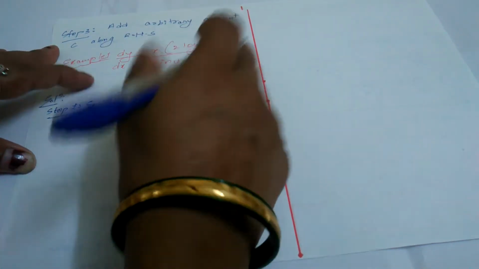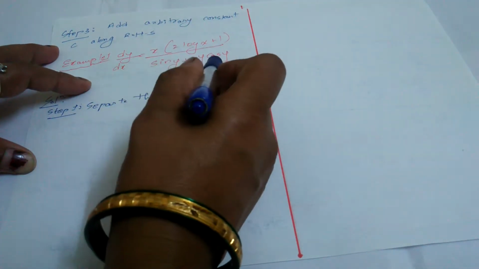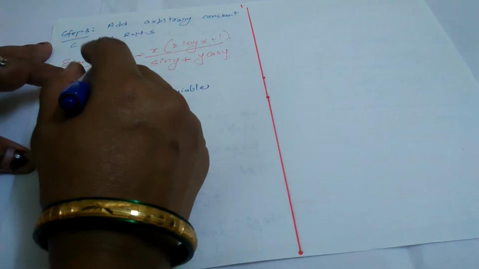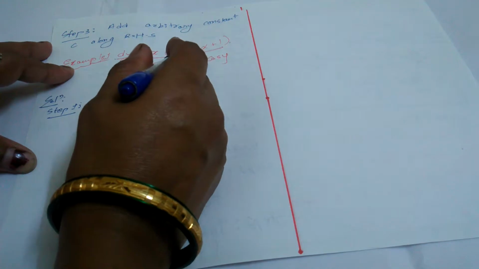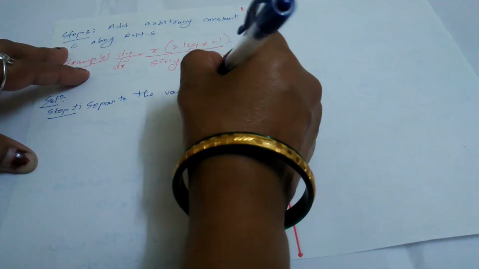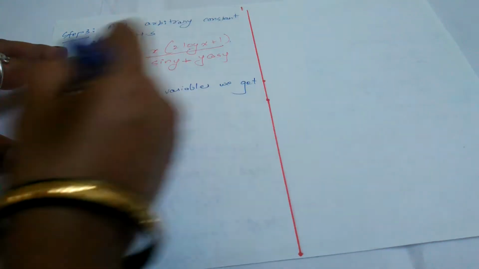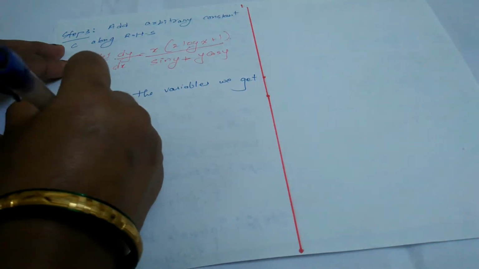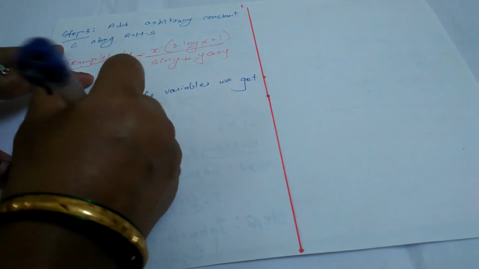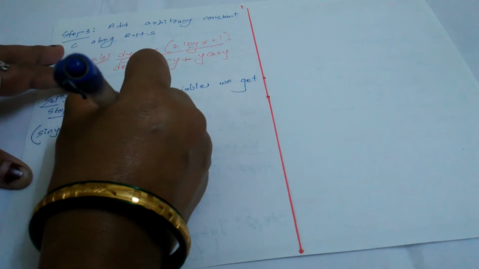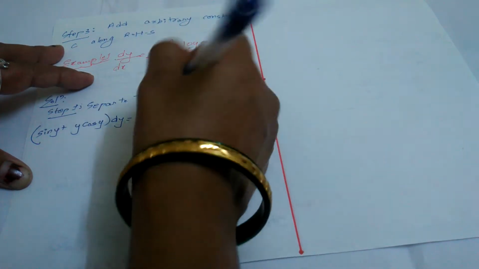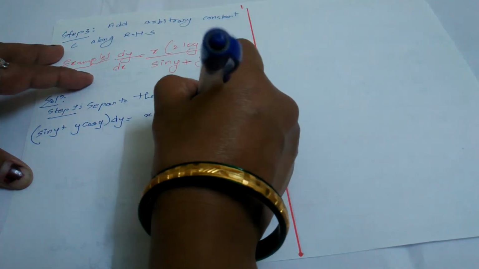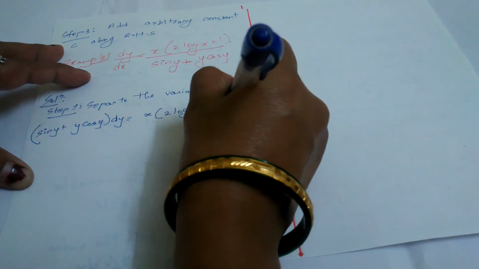I'll take all the y terms to this side and dx to the other side, so my LHS has the y term and my RHS has the x term. We get (sin y plus y cos y) dy is equal to x (2 log x plus 1) dx.